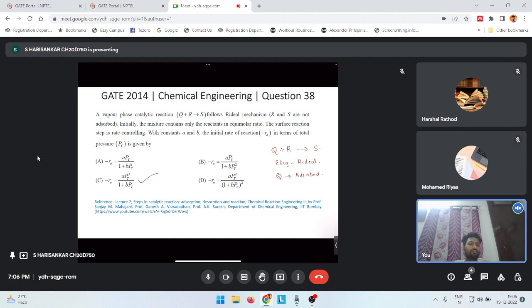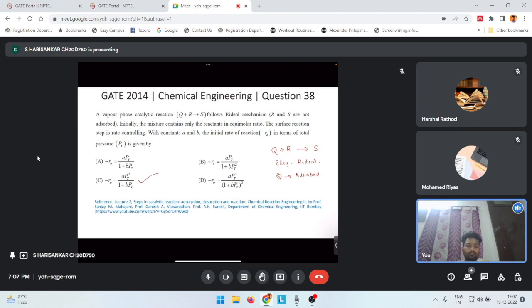So that means the rate of adsorption can be taken as 0. We took that as 0, and using that we found a term for CV and the adsorbed reactant CQV, and we eliminated these terms CV and CQV from our main overall reaction rate equation. And the overall reaction rate equation here is basically the rate equation for the surface reaction step. That is basically our aim in these questions.